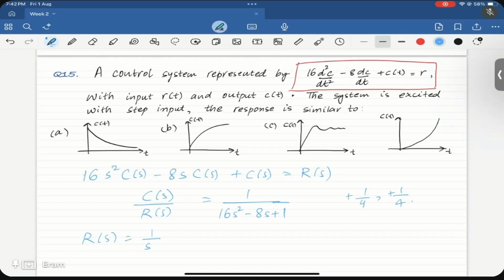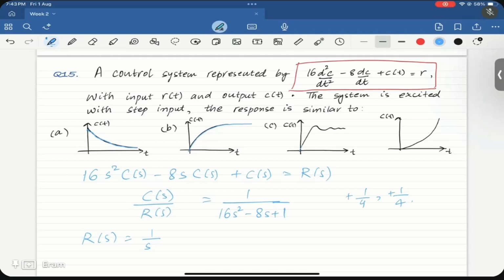The last one, because in the first option A, the response is decaying towards some value. It is not going unbounded. In the second one also, it is shooting up, but it is settling to some value. So it is bounded. It is not going to infinity.